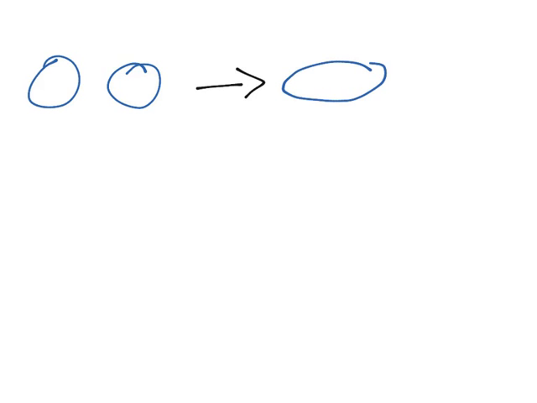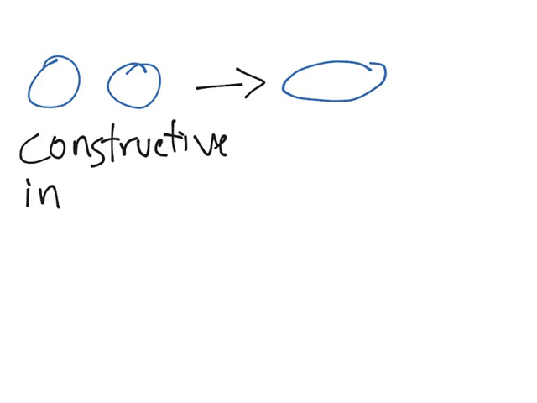So we said we have two, and we added them to form a big one. And this is called constructive interference. And the result of the addition of the constructive interference is what's called bonding, a bonding molecular orbital.